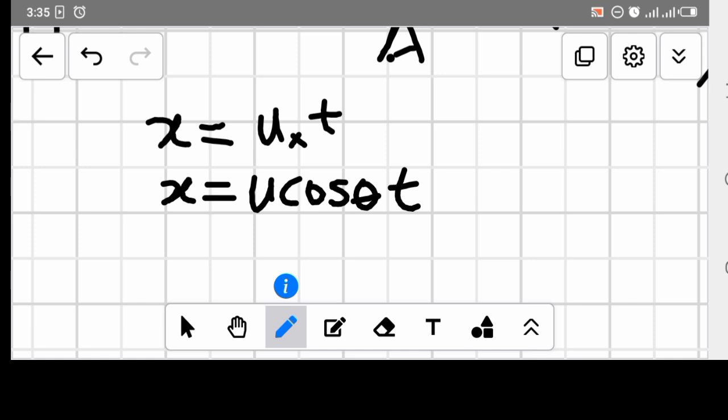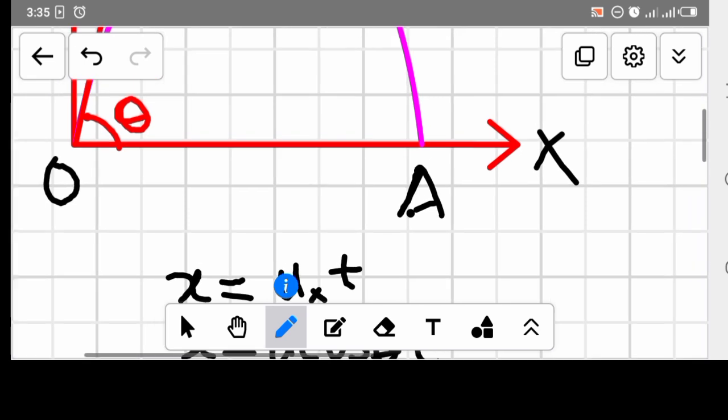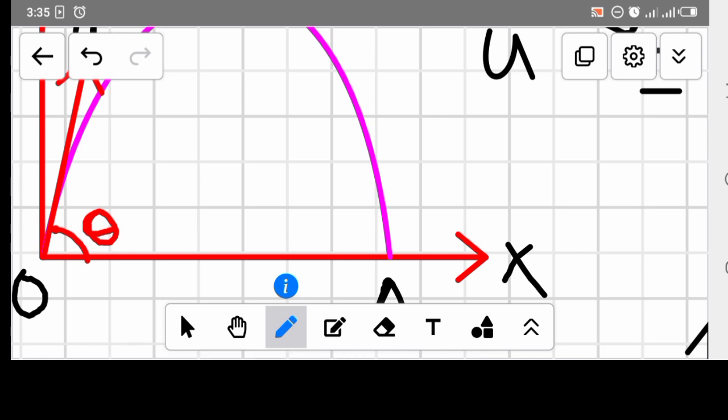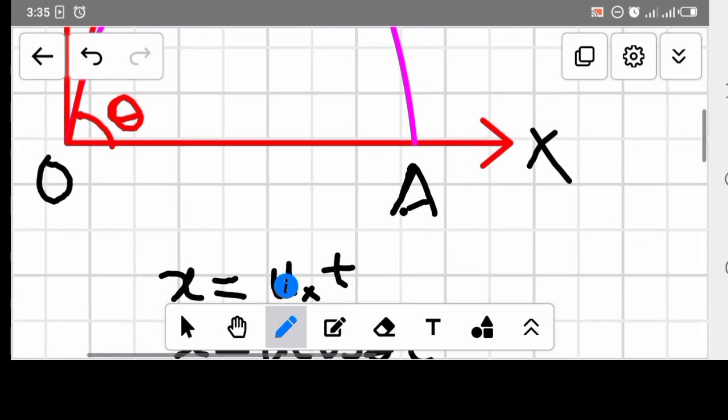Now, what about the vertical distance traveled? We are trying to derive the trajectory of a projectile, which is this part in pink color. We want to derive an equation to represent that part, and we are expecting a quadratic equation.